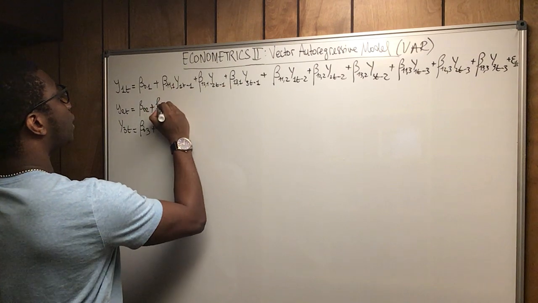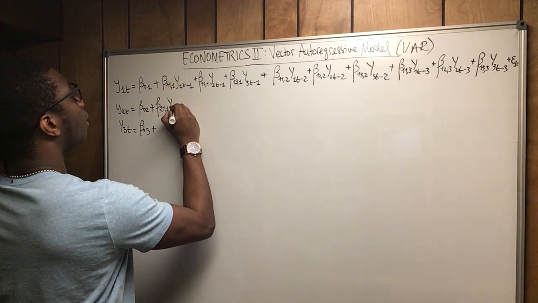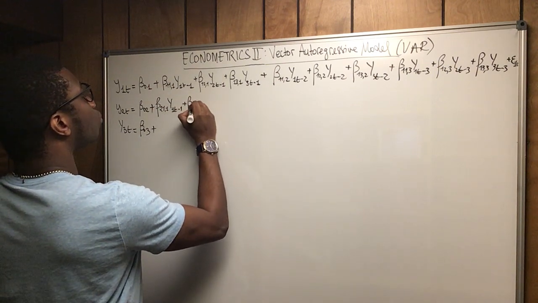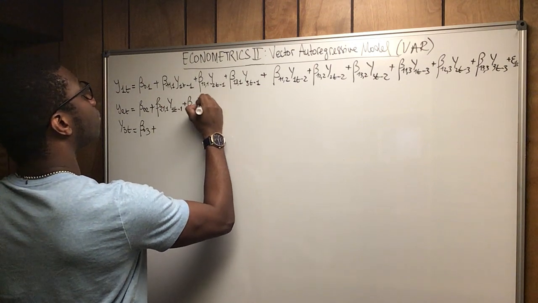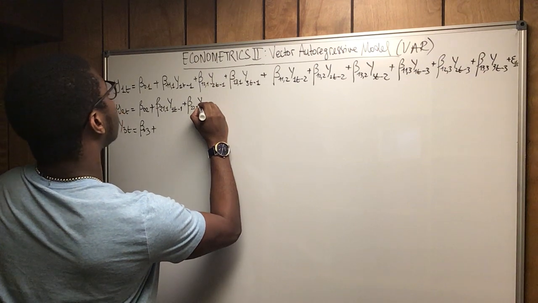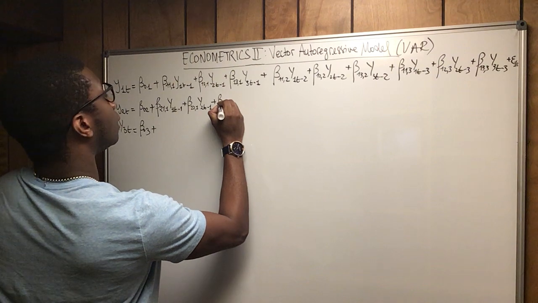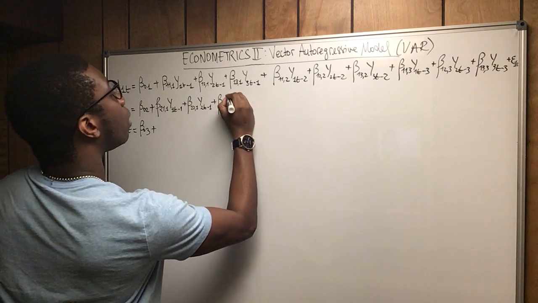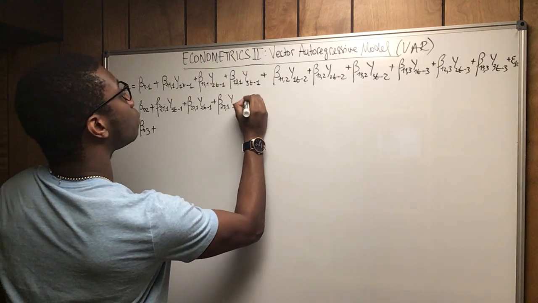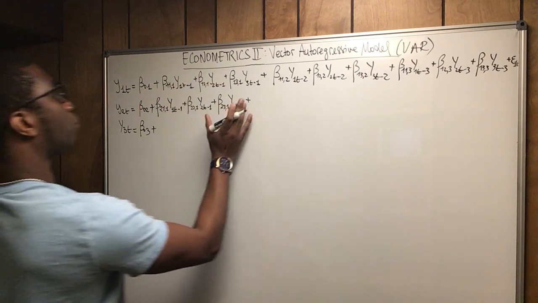All right, beta 21,1 times y1t minus 1 plus beta 22,1 times y2t minus 1 plus beta 23,1 times y3t minus 1. We finished grouping all the coefficients for the first predictor.